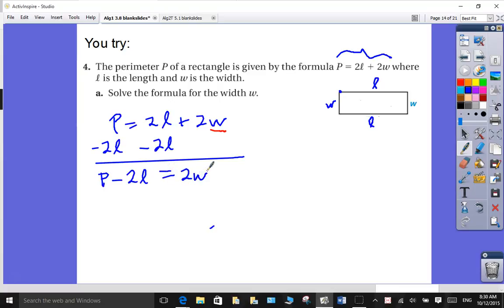Okay, I still haven't isolated the W. Now what's going on in between the 2 and the W here? It's a multiply, so you divide by 2 on both sides. So W equals P minus 2L, divided by 2.